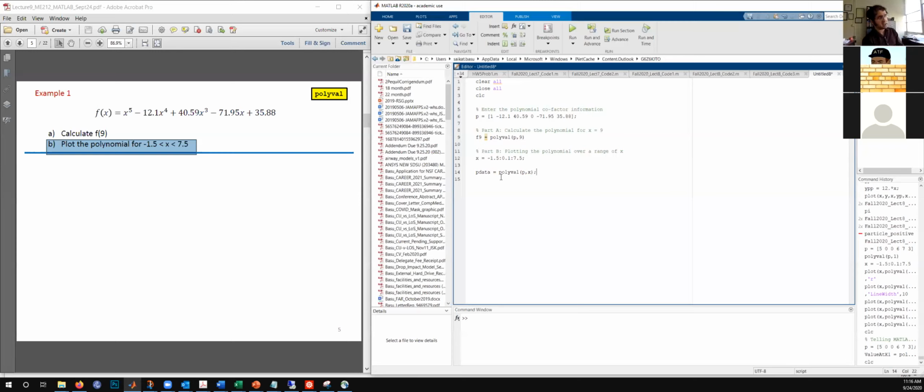But this does not end our task. We have just calculated the value of the polynomial over that range, but we have to plot it as well. So let's see how to do that. So to get the plot, we know the syntax for plot XY. So what would come in for X here?